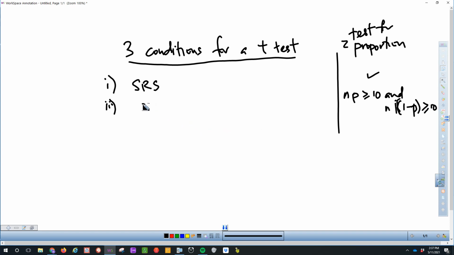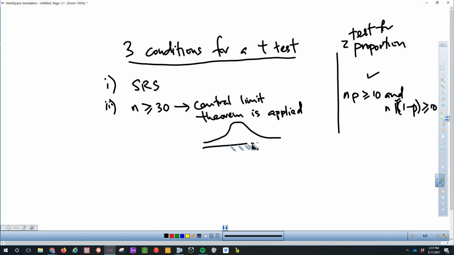But for a mean, for a t-test, we're looking at whether the sample size is greater than 30. That means the central limit theorem is applied, which basically says that the sampling distribution of the sample mean is approximately normal.